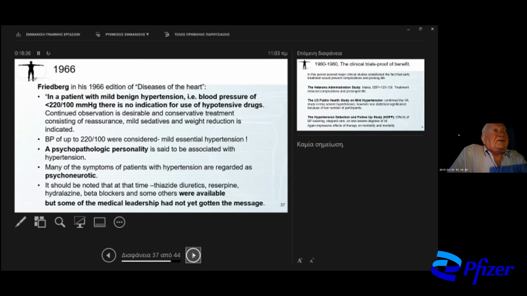The main explanation at that time was psychopathological personality. So the patient is anxious, might have psychopathology, etc. Patients were regarded as psychoneurotic, but most of the medical leadership had not yet gotten the message that these levels of blood pressure carry incredible risk.